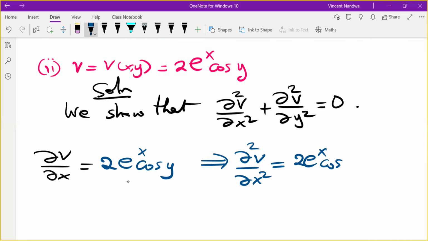It's a very interesting function because when you differentiate, you get the same thing, with respect to x.